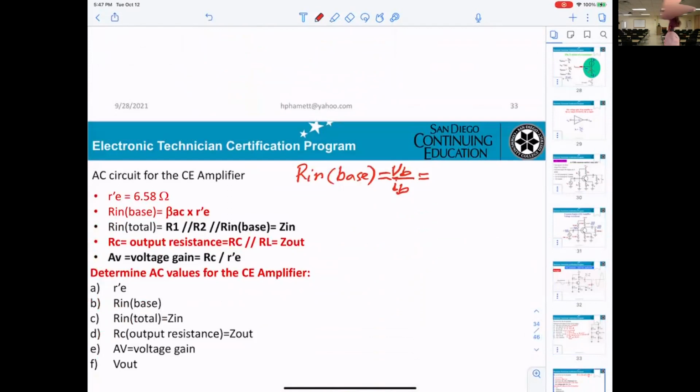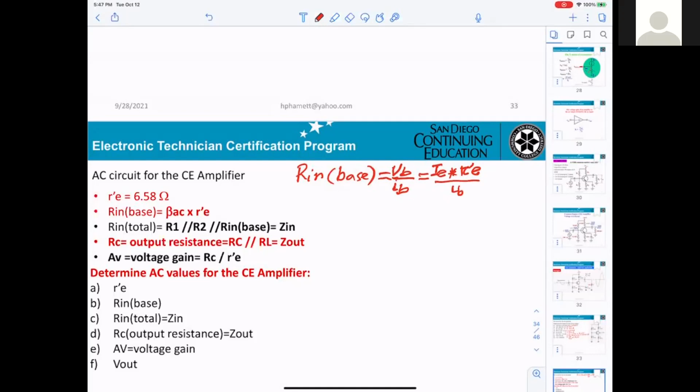So now we go back here. They will be IE times r'e divided by IB. Is that a little ie or big IE? Big IE is DC, right? Yeah, this is AC.